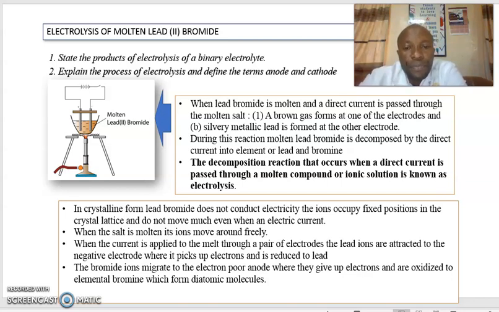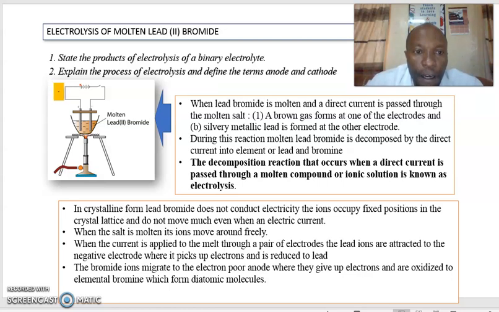Now, for us to know what happens where, we need to understand the system. We have a battery here, and on this battery we have this longer line, and from our physics, we know that that one is the positive terminal.